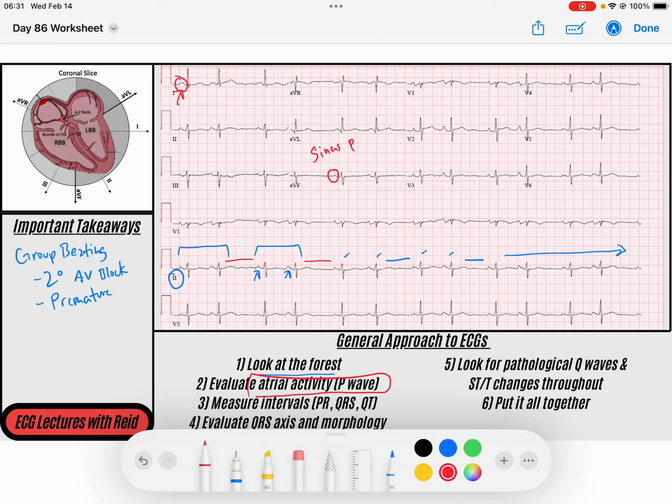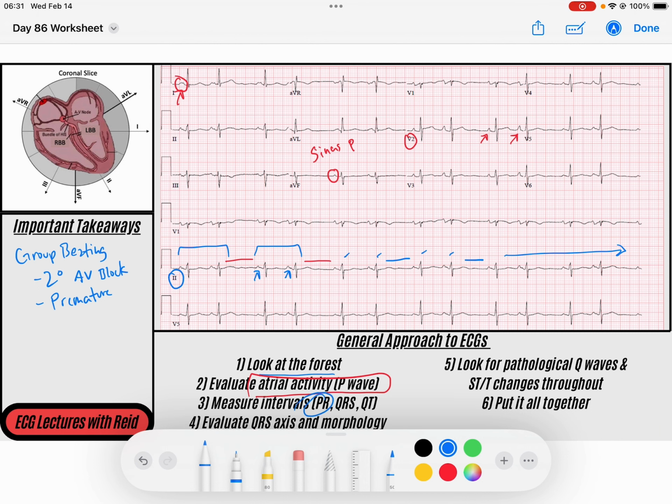If you look here in maybe V2, the sinus P wave is a little different than that second P wave. It's just different in amplitude by just a hair. And so we'll just go through the algorithm and then we'll suss out what these beats could be.